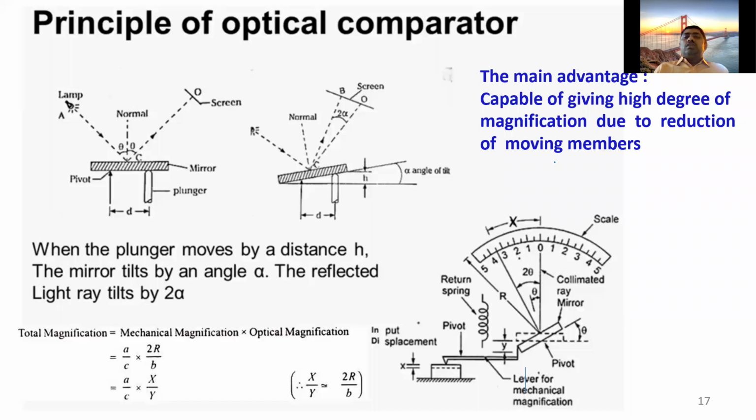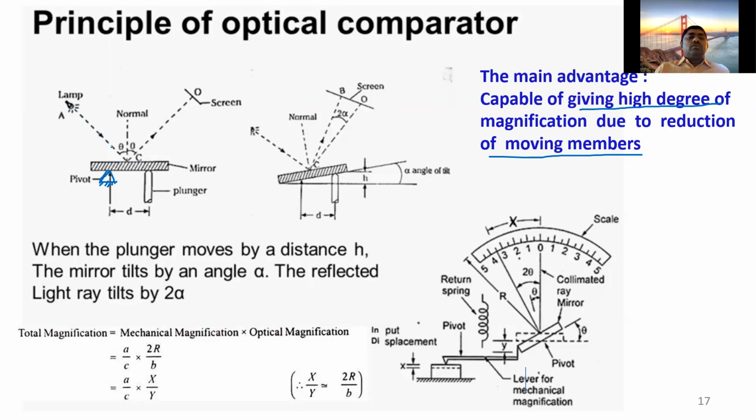The main advantage of this optical comparator is that it is capable of giving a high degree of magnification due to the reduction of moving members. Let us explain by considering the working principle of the optical comparator. We have the mirror, which is pivoted at this point, and at a distance d we have the plunger. There is a lamp from which we get the light source.